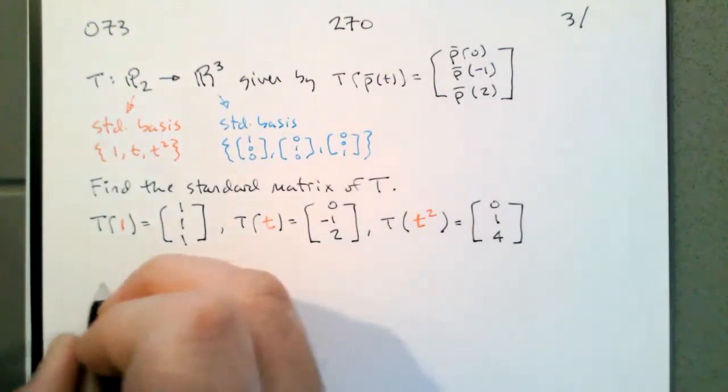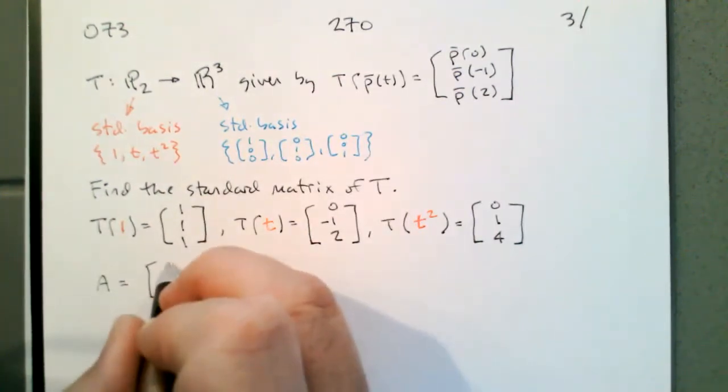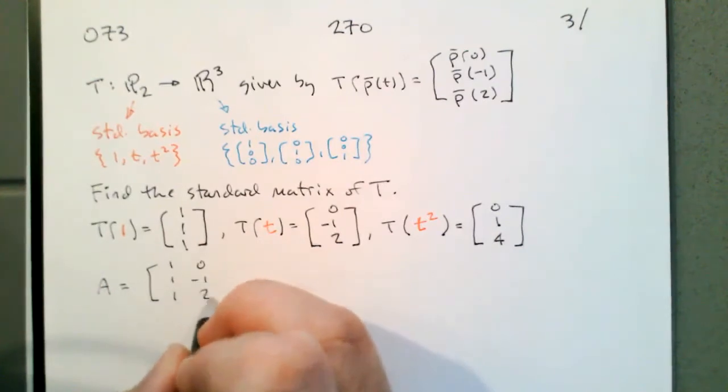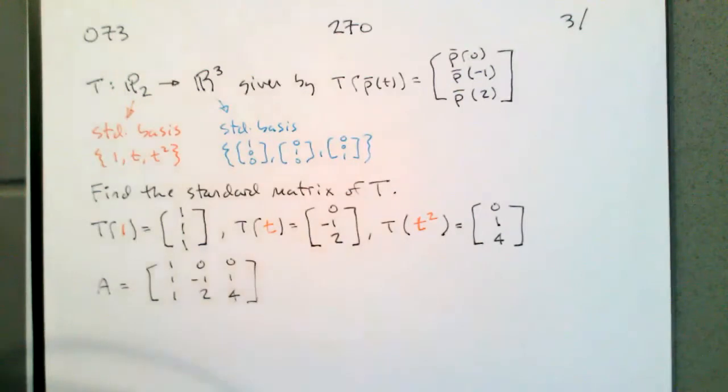I'm going to call that matrix, as I usually do, A. First column is 1, 1, 1. Second column is 0, -1, 2. And then 0, 1, 4. So here's the standard matrix of T.